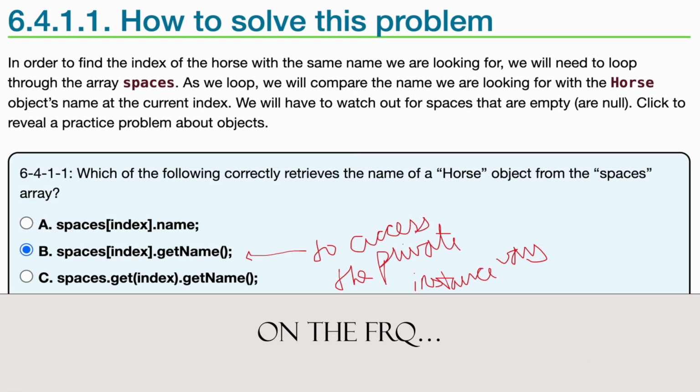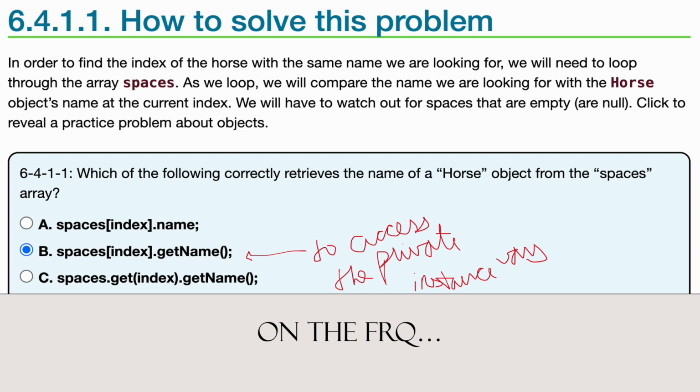So okay, this is a mistake that I did. On the FRQ, be sure that whenever you want to retrieve the name of a horse object, or any of the properties of an object, you can't just directly do it. You have to call the getter method getName, because the specific properties of the horse object, or its attributes, are stored as private instance variables, so you can't directly call them.